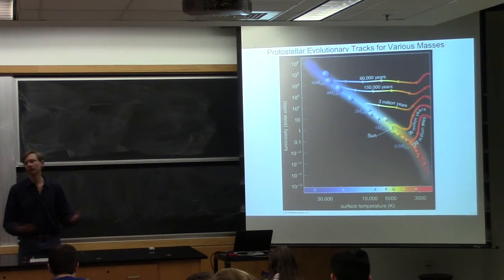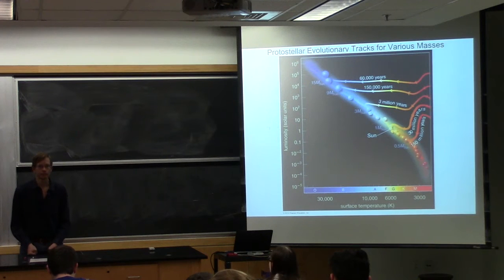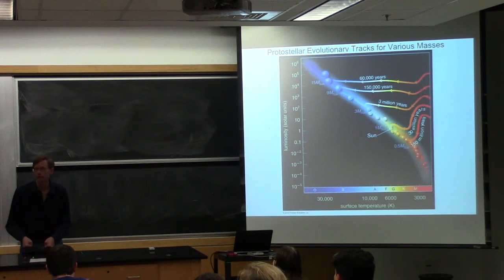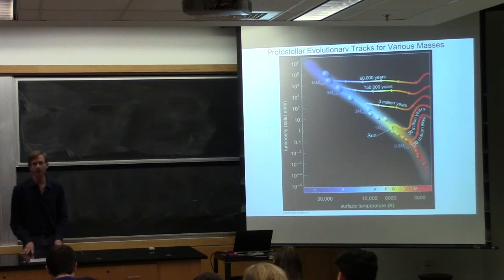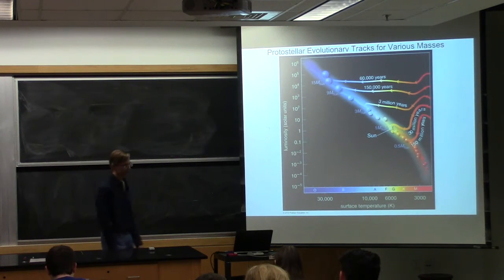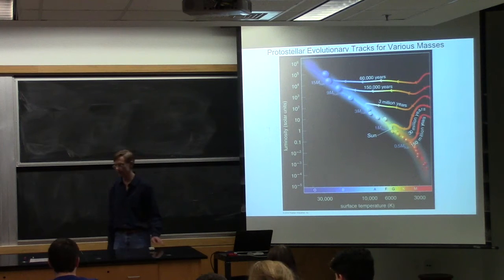All main sequence stars, what's their source of energy? Nuclear fusion. What's fusing into what? Hydrogen into helium. Yep. Hydrogen into helium in the core is what powers main sequence stars.